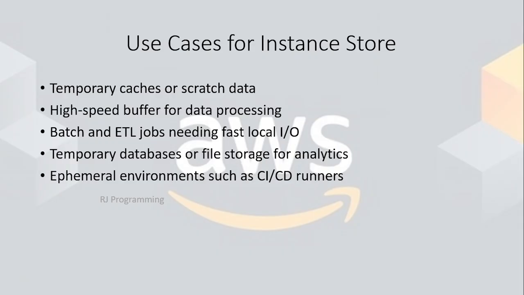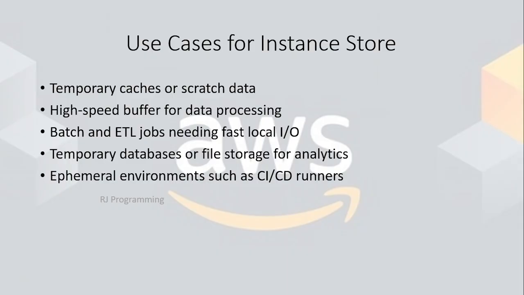Because of its speed and temporary nature, it's ideal for short-lived high-performance tasks. For example, you can use it as a temporary cache or scratch disk for large data processing workloads. It's also common in ETL pipelines where massive amounts of data are transformed quickly before being stored permanently elsewhere.